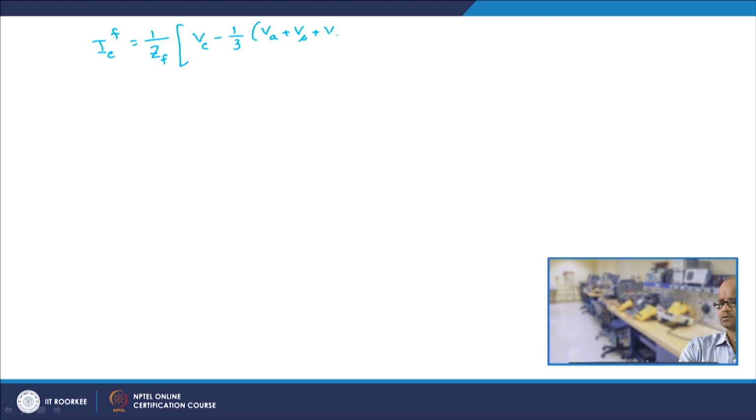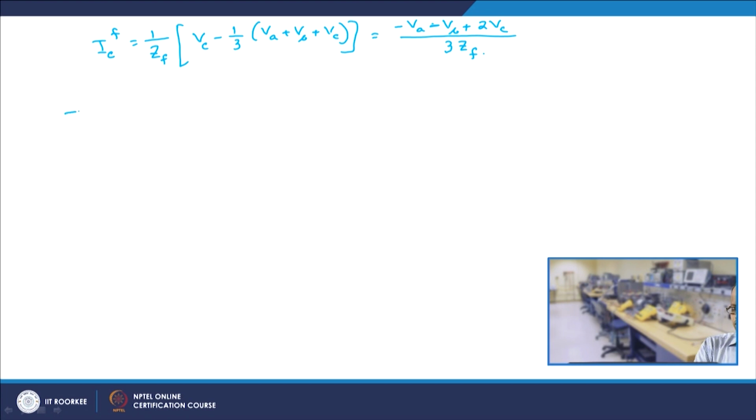And ICF is 1 by ZF into Vc minus 1 by 3 (Va plus Vb plus Vc), so it is (minus Va minus Vb plus 2 Vc) by 3 ZF.